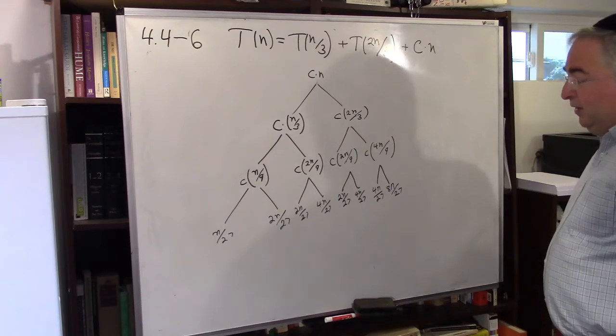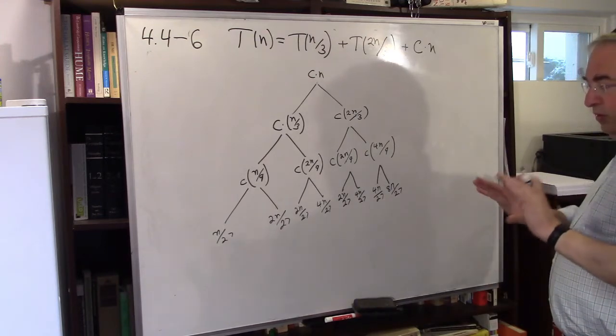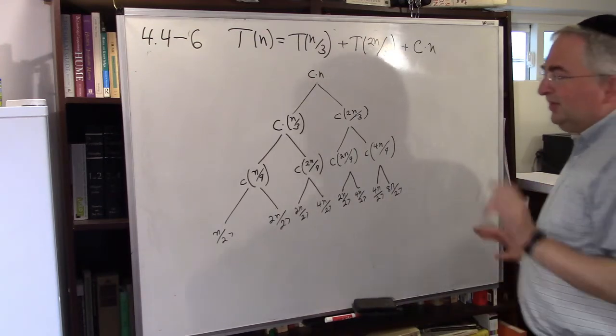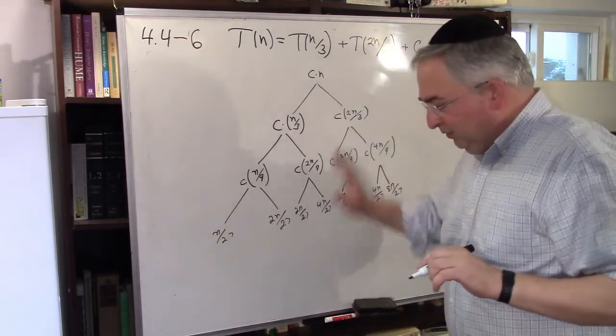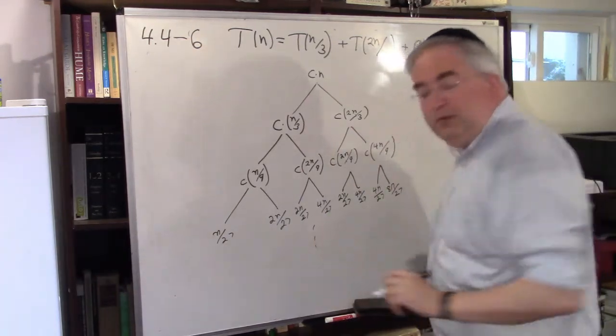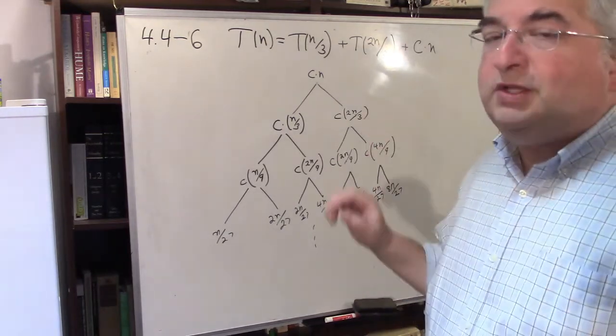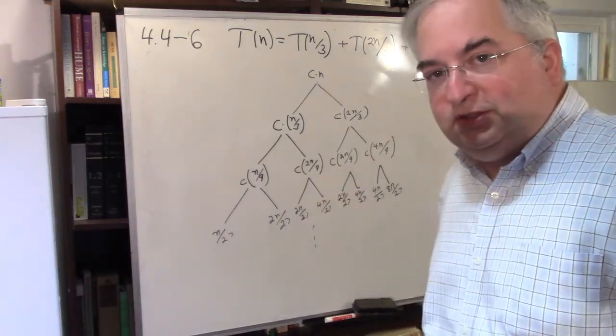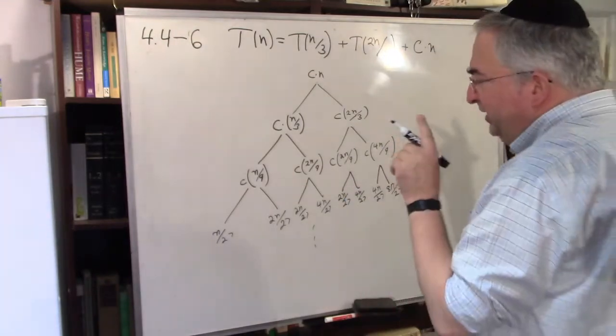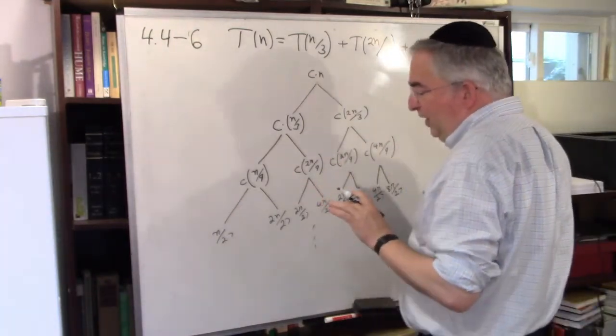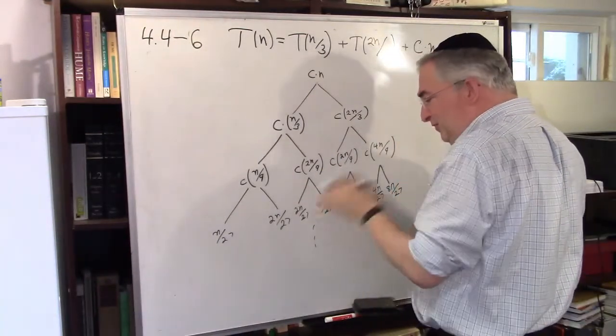Rather than going further, which would be a pain in the neck, let's look at what the depth of the tree is. It depends, and it's not even clear over here.